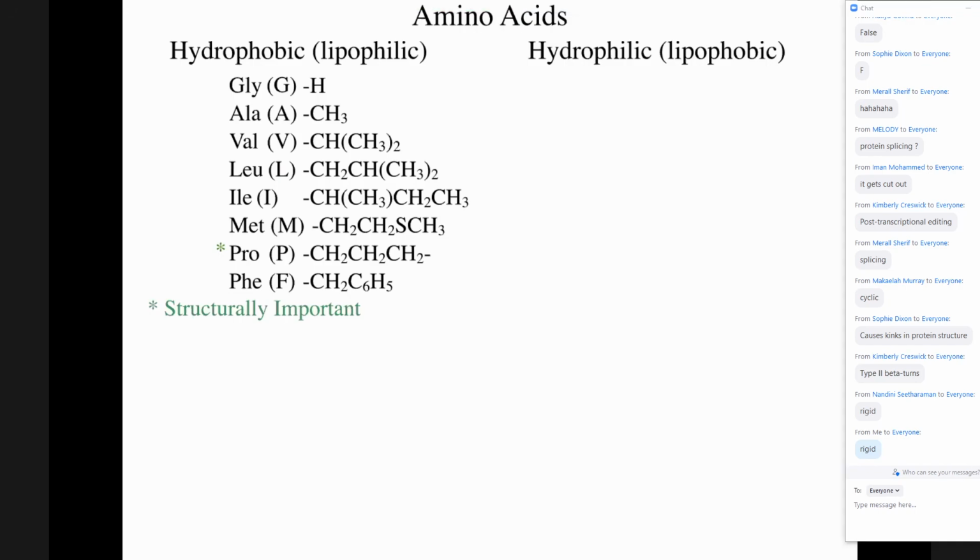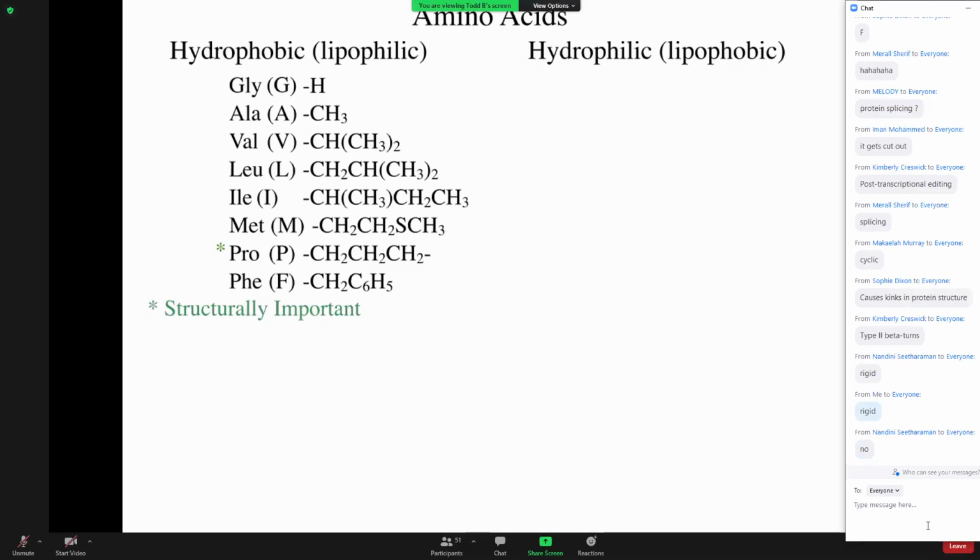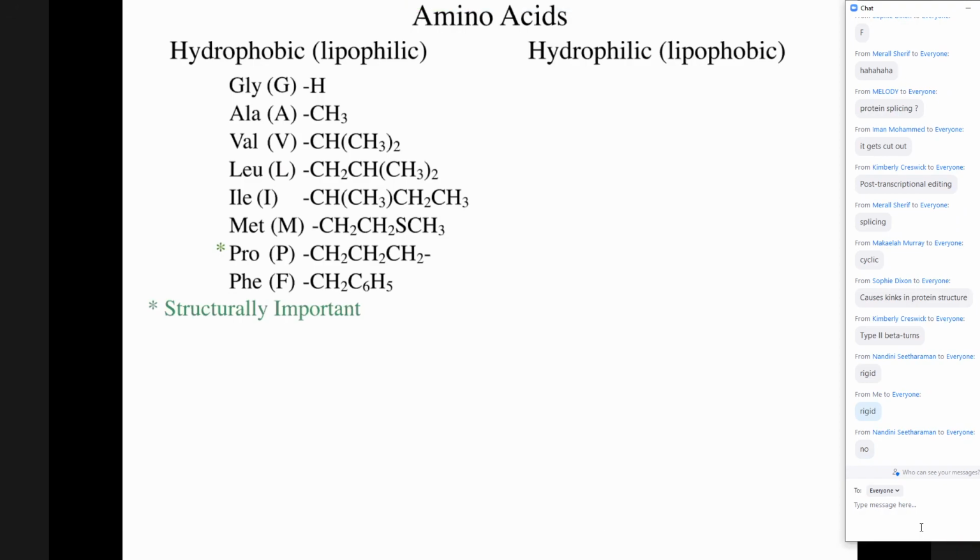They are rigid, which means if I told you my alpha helix had a proline in it, would you believe me? Nope. And then, Kimberly, what do you mean by a beta turn? Absolutely right.